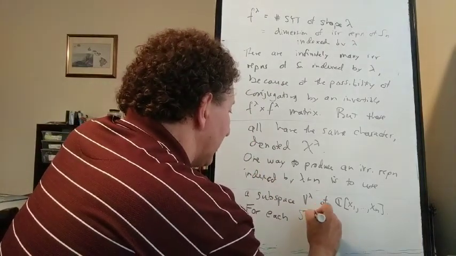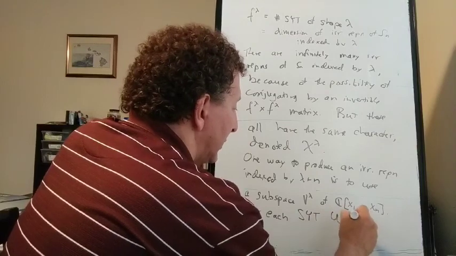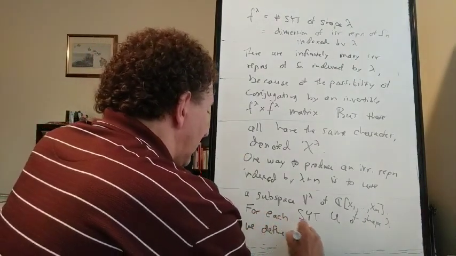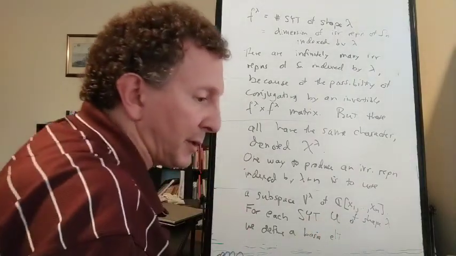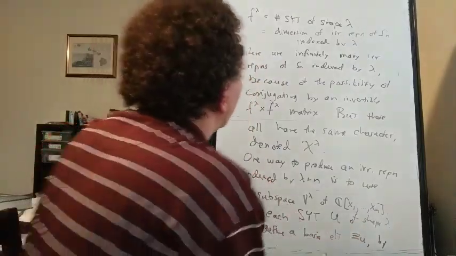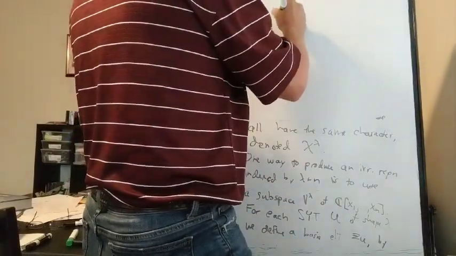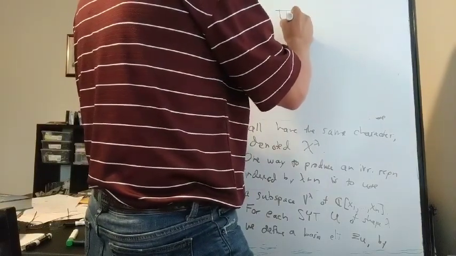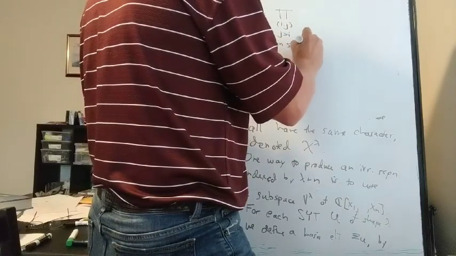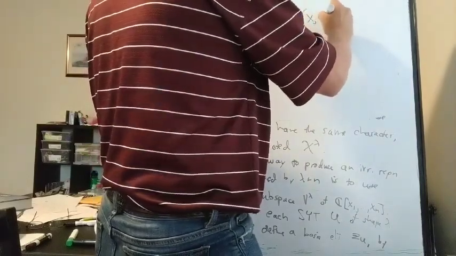So for each standard Young tableau U of shape lambda, we define a basis element, and let me call that basis element Z_U. And Z_U is the product over all index pairs i and j, where j is greater than i, and i and j appear in the same column of U, the product of x_j minus x_i.